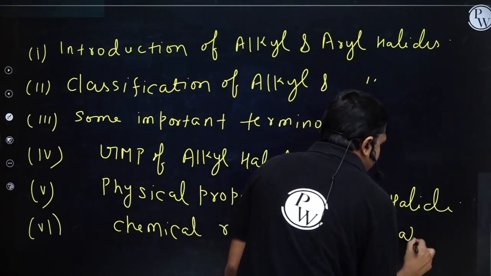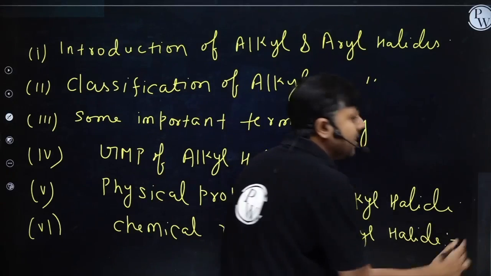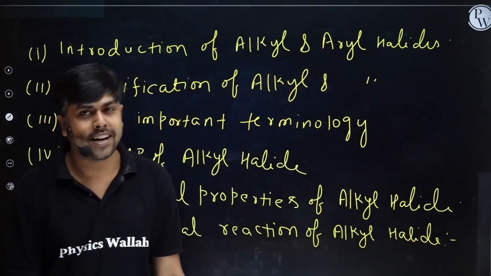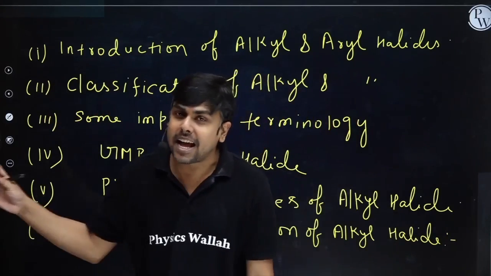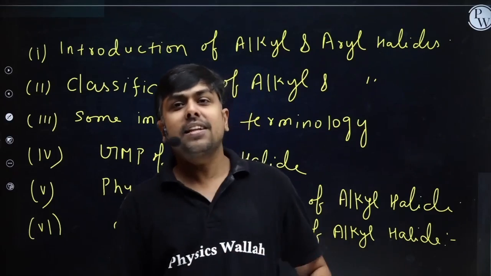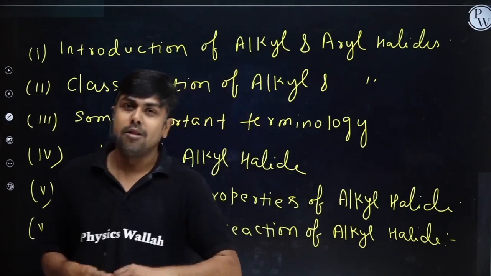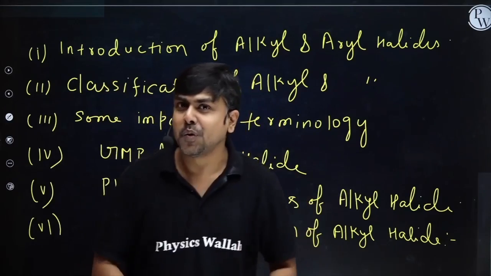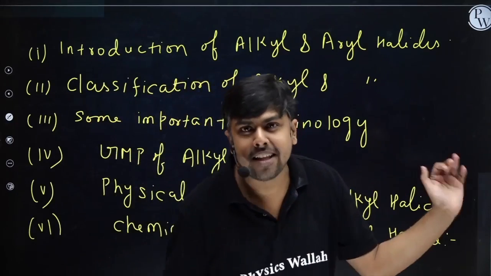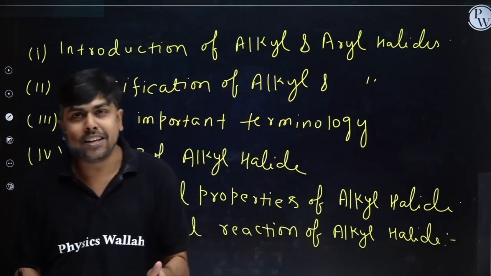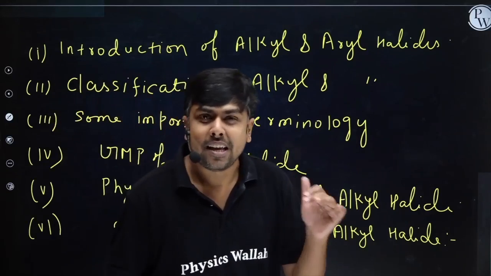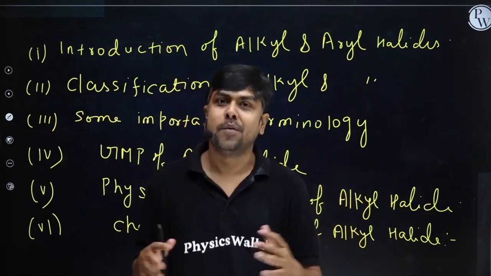Here mainly we'll be discussing nucleophilic substitution reaction, that is SN reaction, and elimination reaction. If I further classify this SN reaction, it will be SN1, SN2, SNi, SN-NGP, and in elimination reaction we'll be talking about E1, E2, and E1CB.